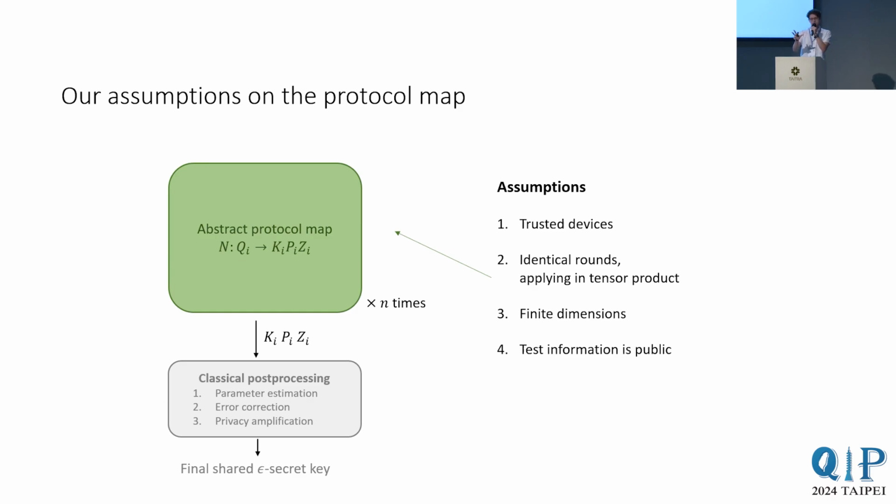the maps are trusted, but you could imagine lifting this assumption in the numerical optimization part. But the other assumption that you have is that these maps are in tensor product, which means that if Bob's detector measures a system and then measures a second system, this measurement is going to be independent of what was observed in the first round.